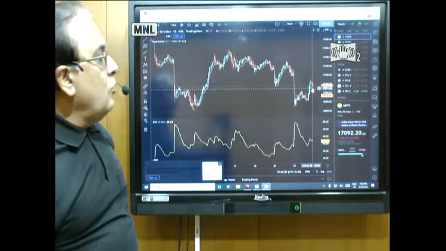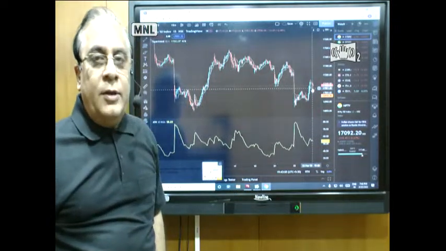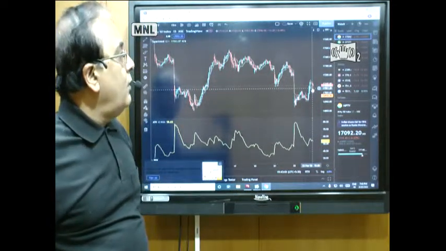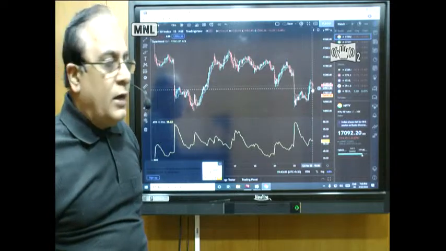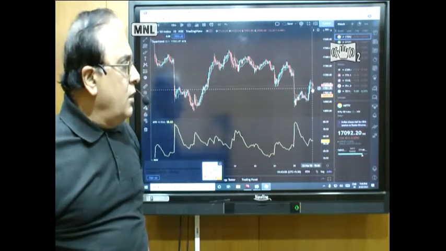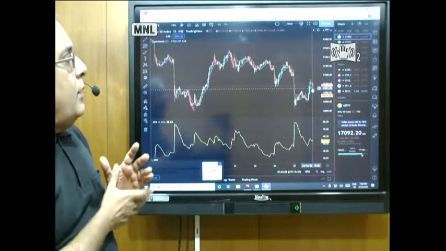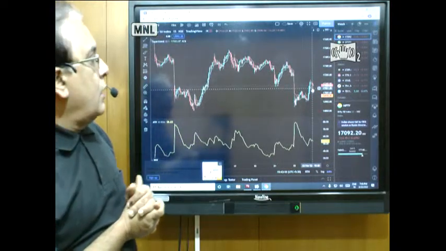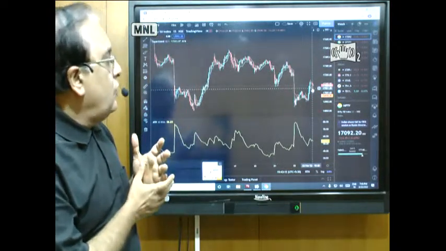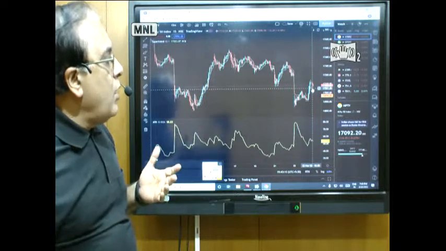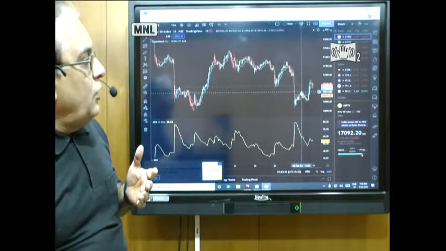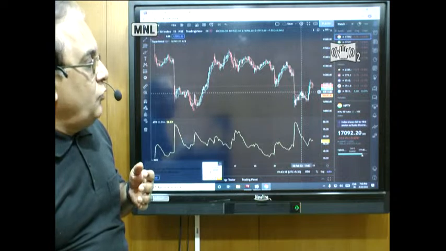So it came and took support closer to the 17,065 levels. On the close basis, it was above that, in the 15 minutes chart. So you can use it like this. Probably the way to trade is that you can use a swing point which is above this. Probably this is a swing point which is 17,023.